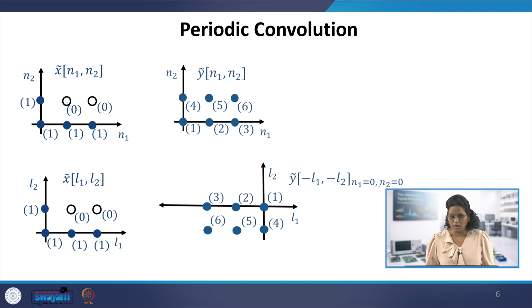If we flip it, the 1 comma 0 will become minus 1 comma 0, the 2 comma 0 index will become minus 2 comma 0, and 0 comma 1 becomes 0 comma minus 1. You can see the 5 with 1 1 becomes minus 1 minus 1, and 6 becomes this here. So this is the flipped sequence now.